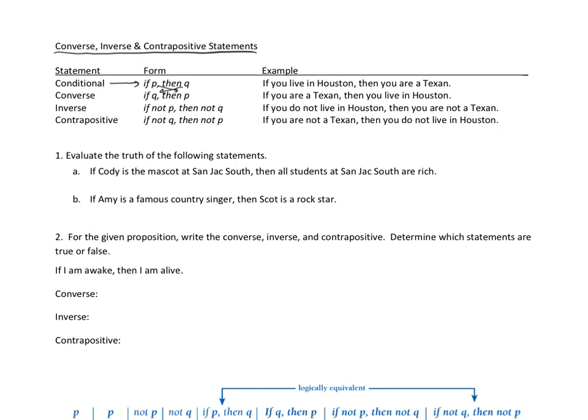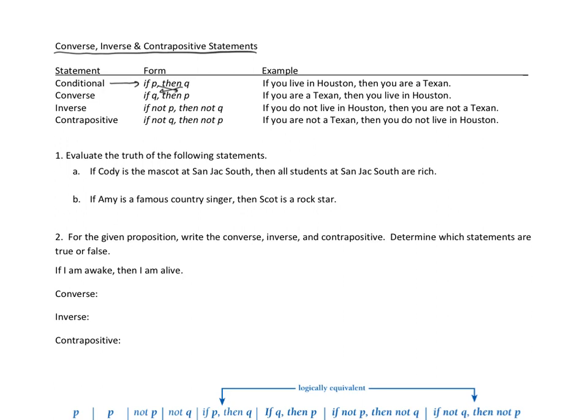All right, I'm going to do a couple examples here just to evaluate the truth of these following statements. And these are only conditional statements. So the conditional statements and this converse, inverse, and contrapositive part here sort of go together.